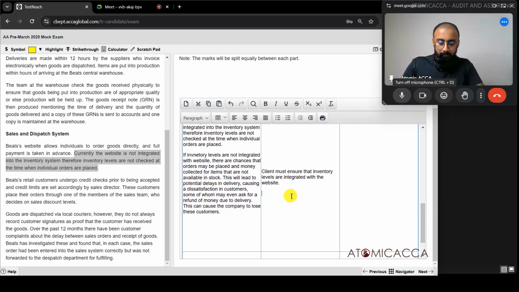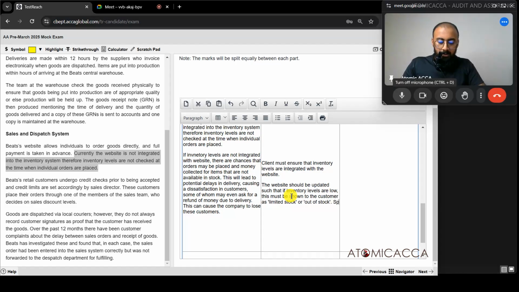So the website should be updated such that if inventory levels are low, this must be shown to the customer as limited stock or out of stock.